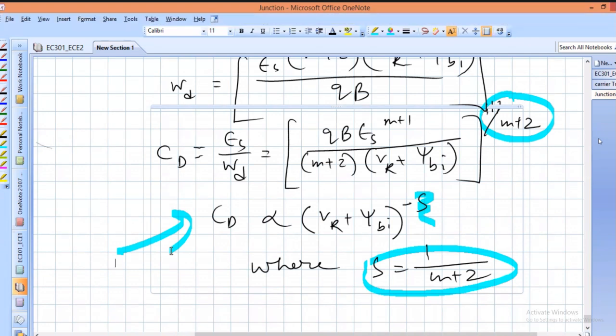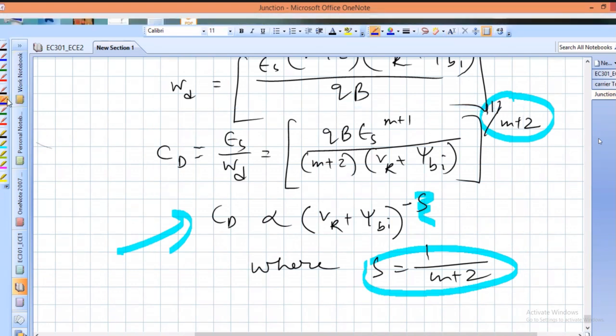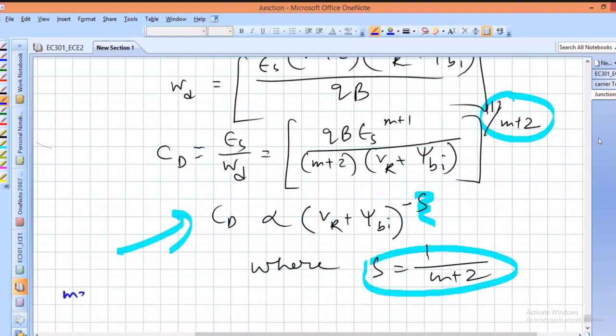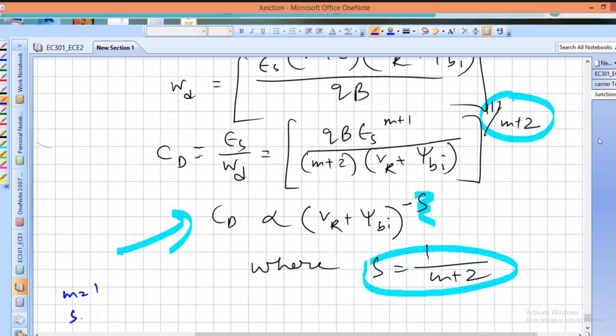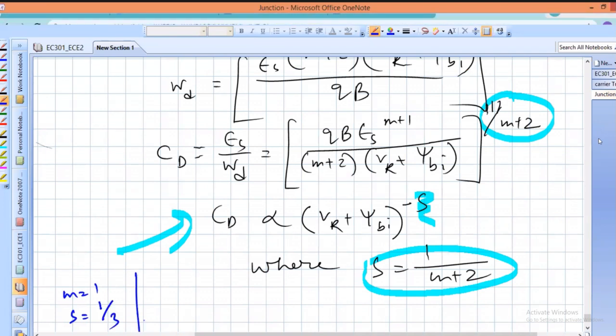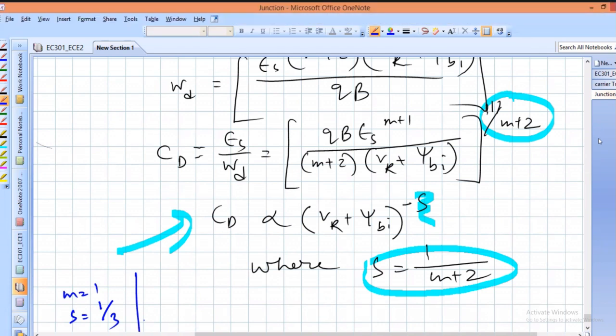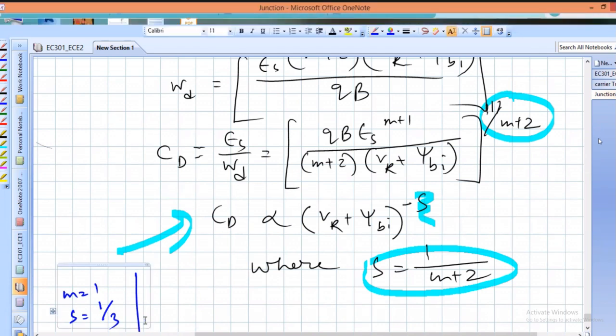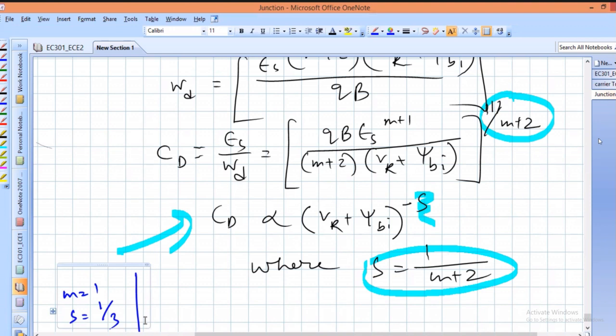I can explain. Suppose I consider a linearly graded junction. Linearly graded junction means m is equal to 1. So what will be the value of S? S will be 1 by 3. Right? And I am writing the variation of S with m. Next, suppose I consider an abrupt junction.